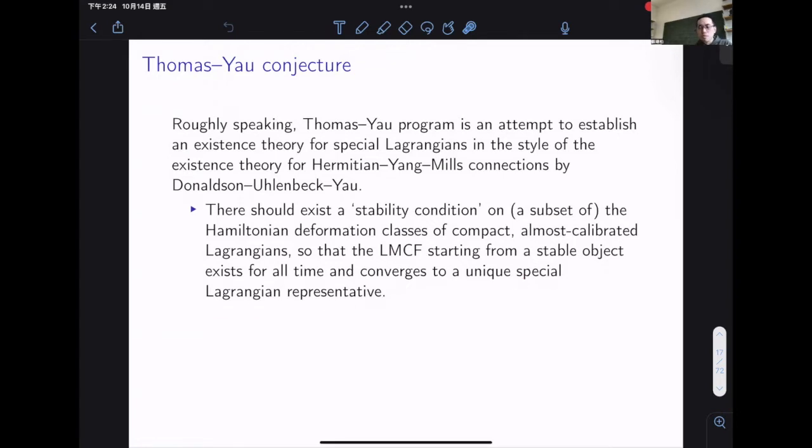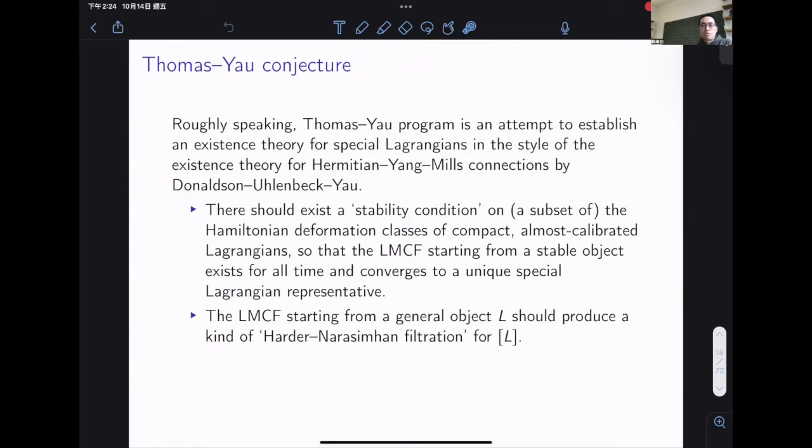In the second part of the conjecture, if you start from a general object, not necessarily belonging to a stable class, then the flow should produce a kind of Harder-Narasimhan filtration for this class L.